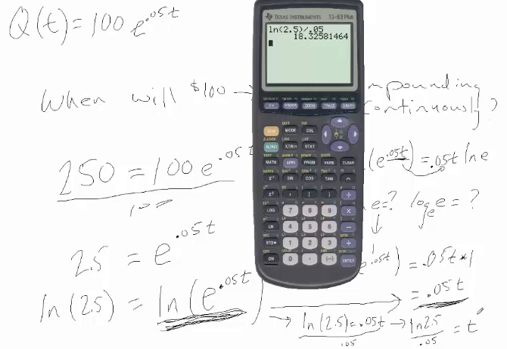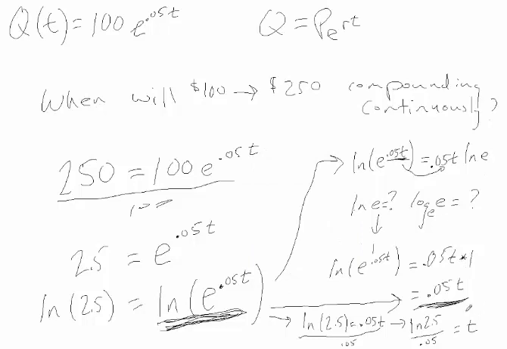So roughly 18.33, meaning in about 18.33 years, your $100 will turn into $250.